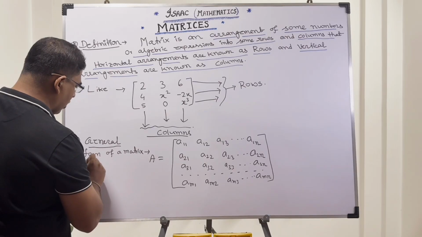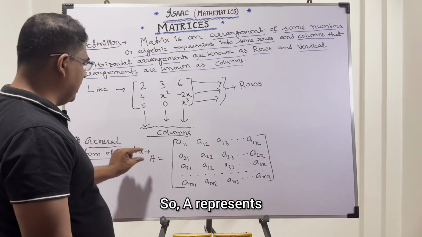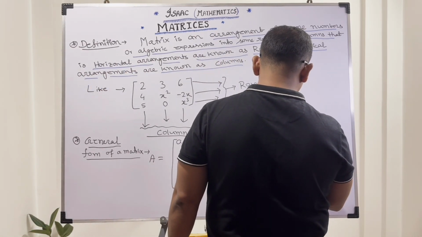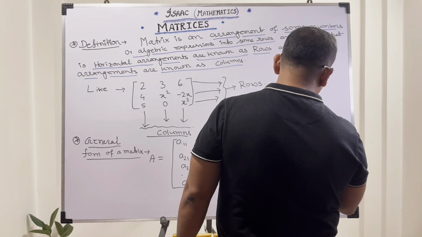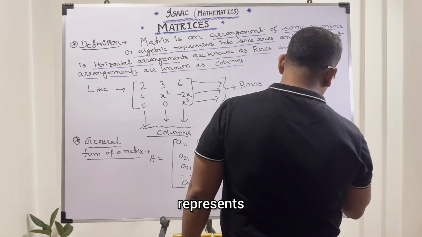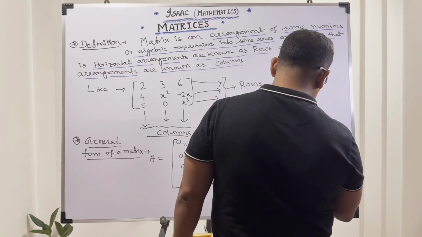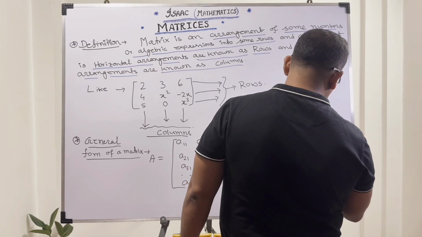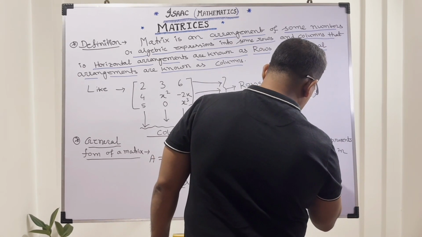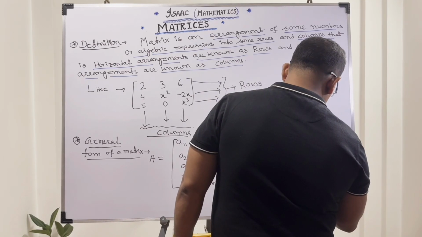So the general form of a matrix is, we represent this matrix by the alphabet A. So A represents this general form where Aij represents an element that lies in the ith row and jth column.